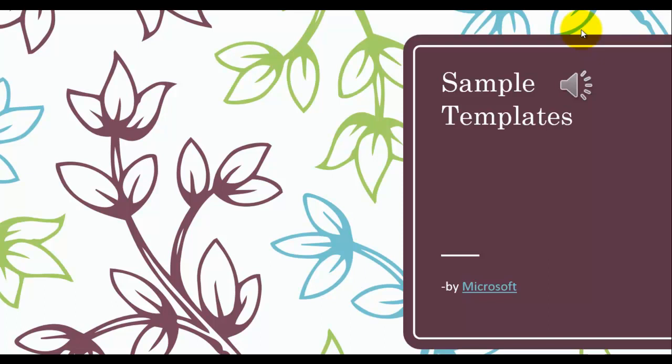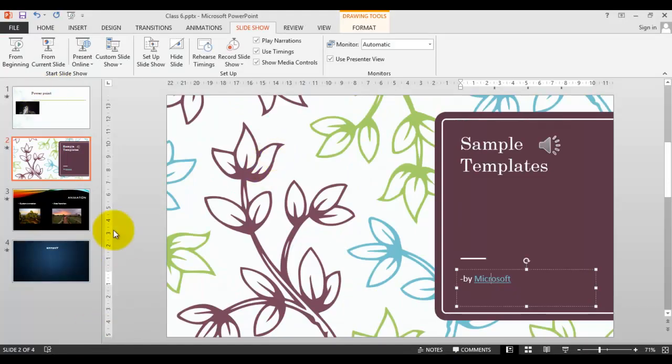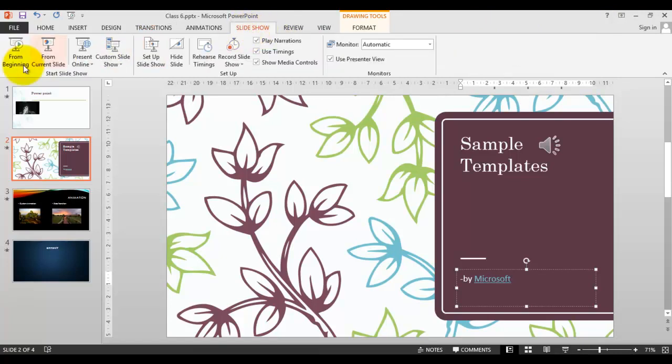Adding sound with the slide transition we have already done. You can add different sounds with different transition effects. And in the slideshow option, there are two slideshow options, the one which I have done. Go to this slideshow option, and from the beginning and from the current slide.